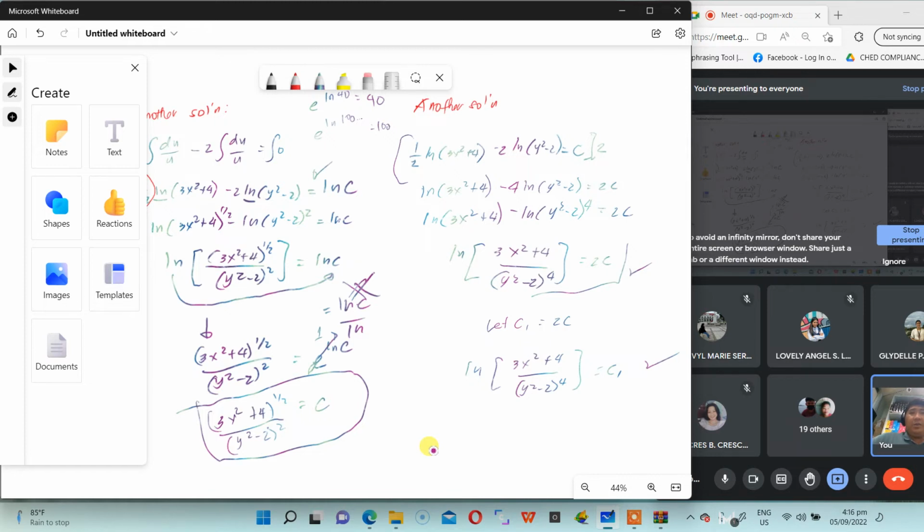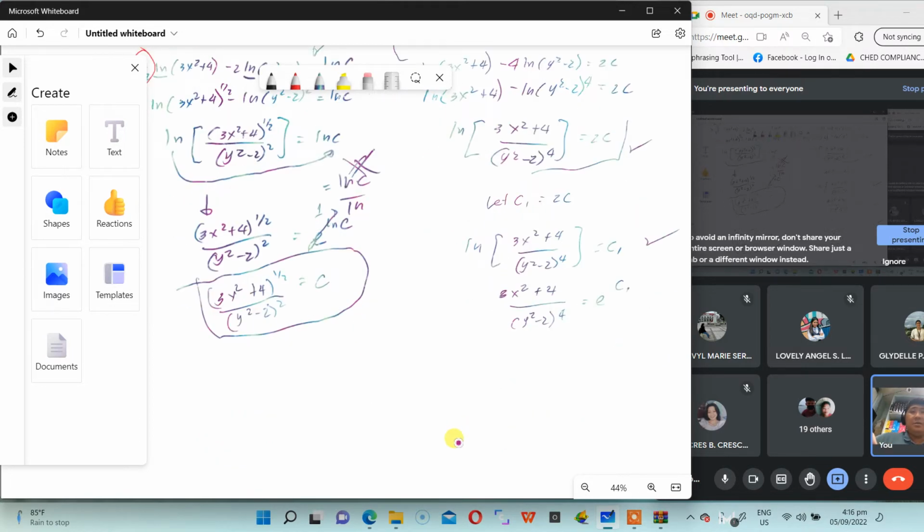Or you could have another one when you transpose it to the other side. So you have 3x squared plus 4 over y squared minus 2 raised to the power 4 equals e raised to the power of c sub 1. And e raised to the power of c sub 1 would still be a constant, so you could transform that if you use the foreign books.